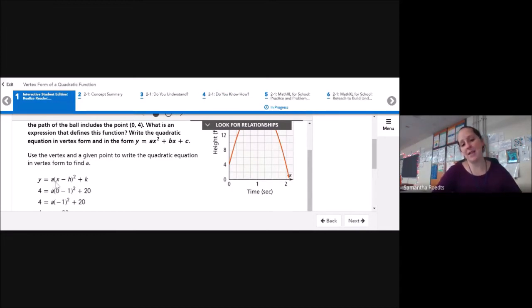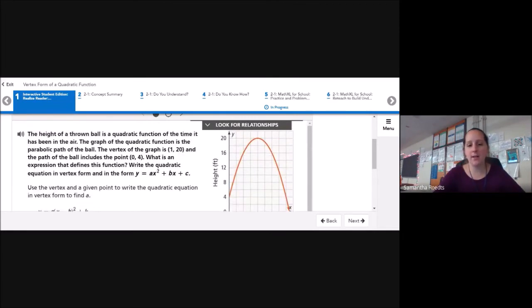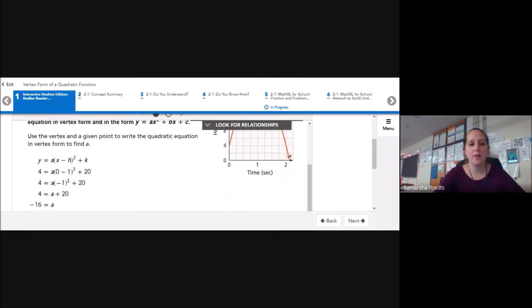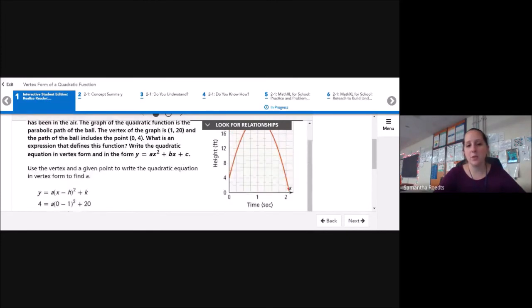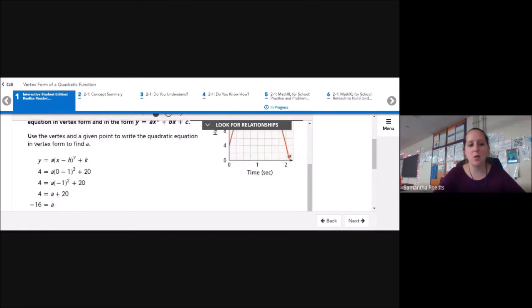So y equals a times the quantity x minus h squared plus k. So h was 1 and k was 20. So 4 equals, that was the point they gave me, 4 equals a times (0 minus 1) squared plus 20.